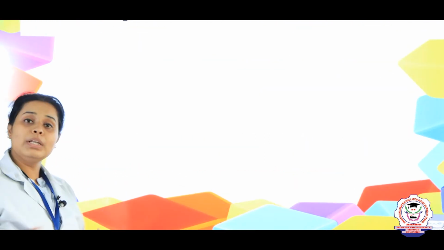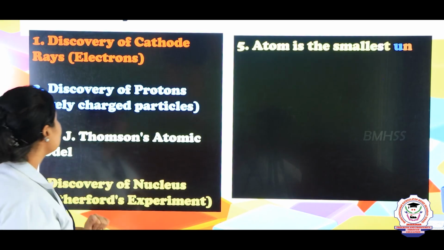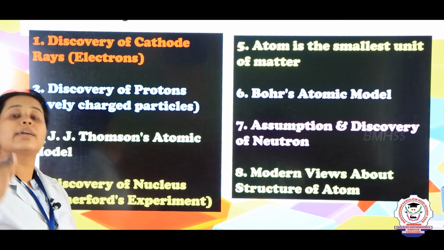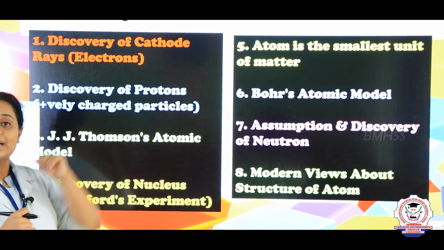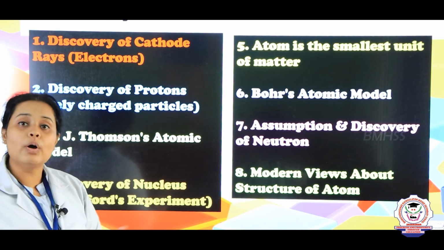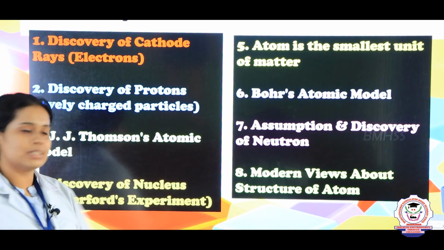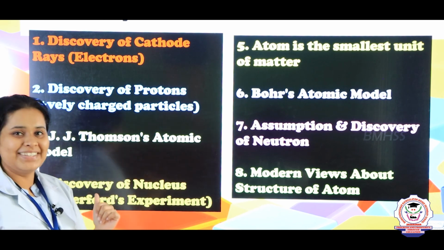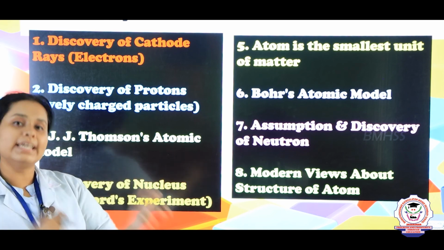Yes. So let's see what things we are going to discuss in the next video session. We are going to discuss the discovery of cathode rays, that is, how the electrons originated. Then we are going to see how the protons, the positively charged ions, were discovered using an experiment, and by whom. Then J.J. Thomson's atomic theory, the watermelon theory, or you can also call it the plum pudding cake theory.